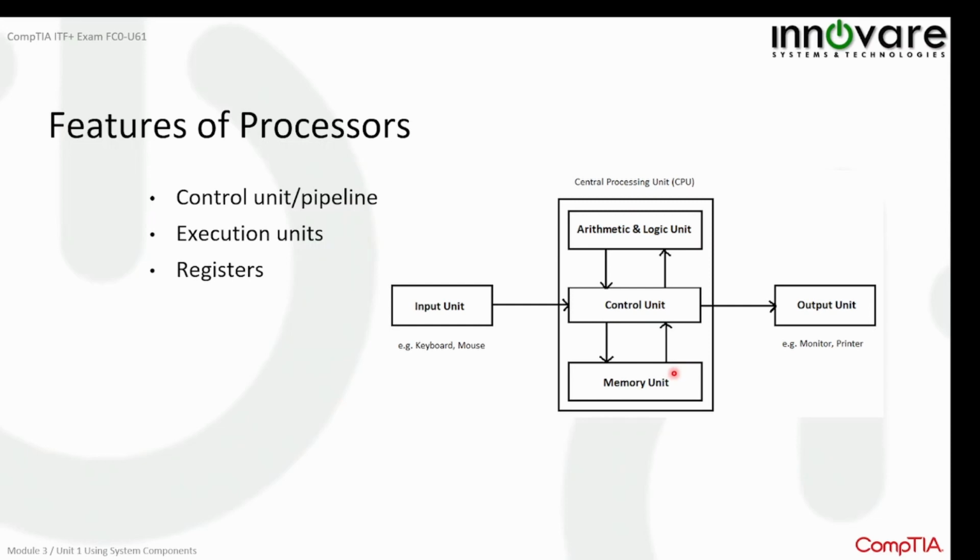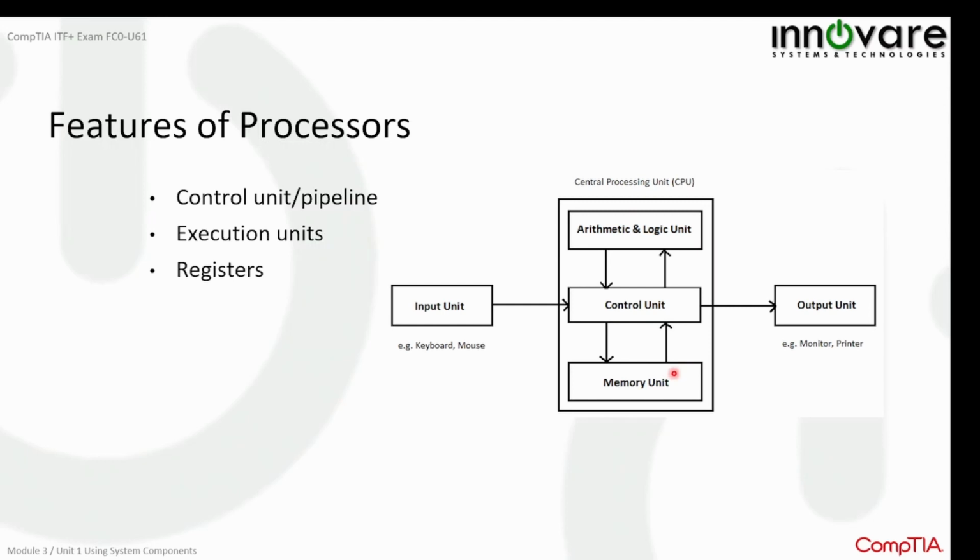And then for execution or for output, the control unit now retrieves from the memory unit or from the registers all the information, or any commands that need to be sent out or processed in a display like a monitor or to be printed in a printer.